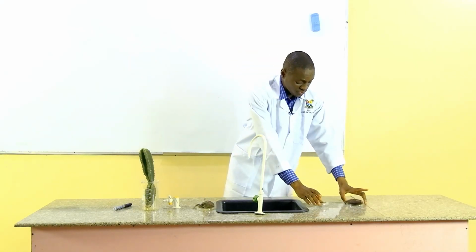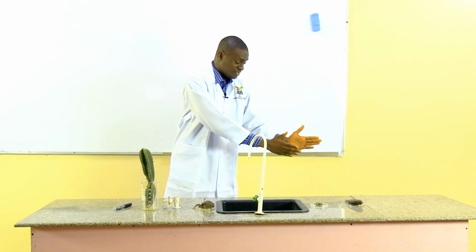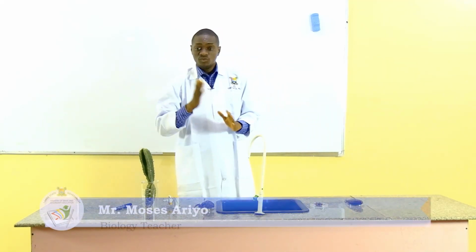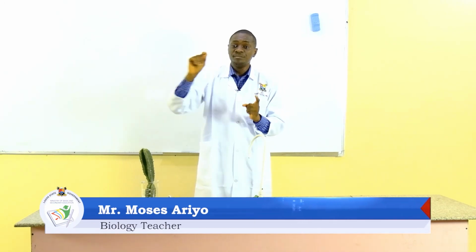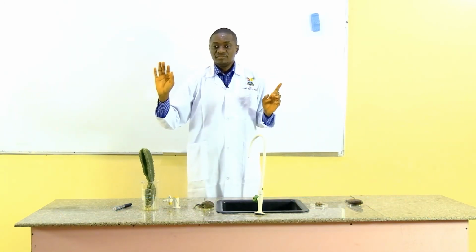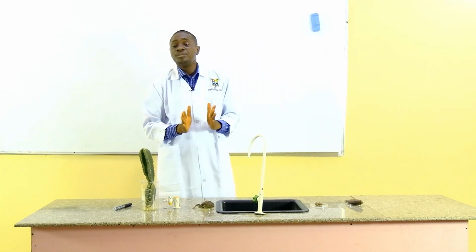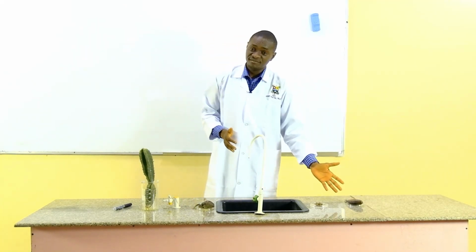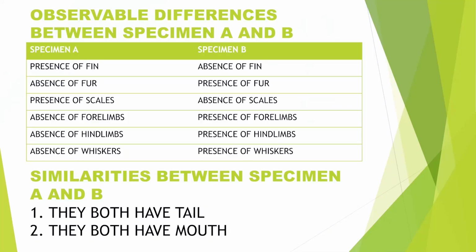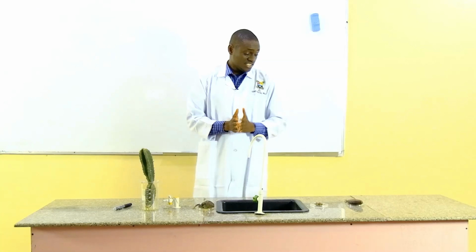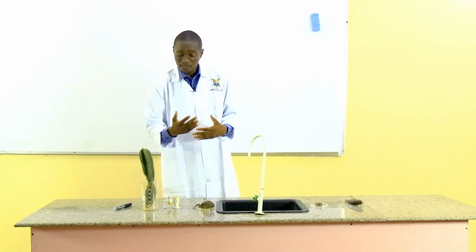What are the two similarities that we can see between A and B? When you want to write answers on similarities, make sure you put 'both possess'. So, number one, as you can see from here, they both have what? Tail. Then number two, they both have mouth. You can say they both possess mouth, or you can say they both have mouth.